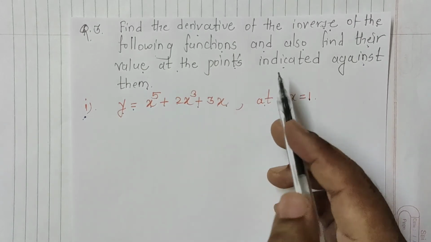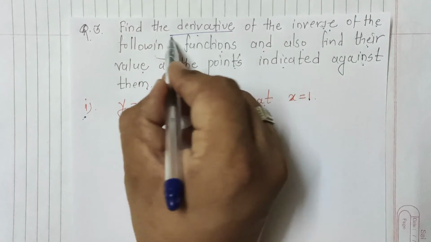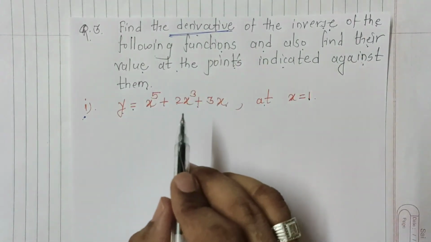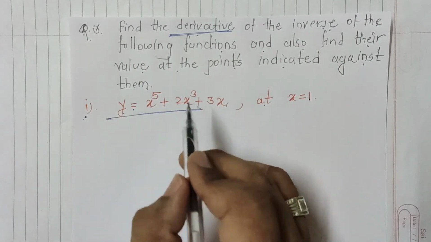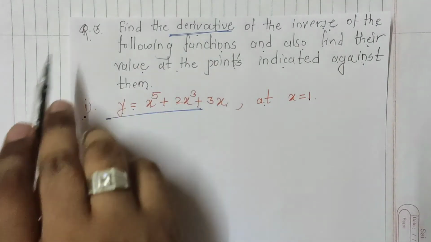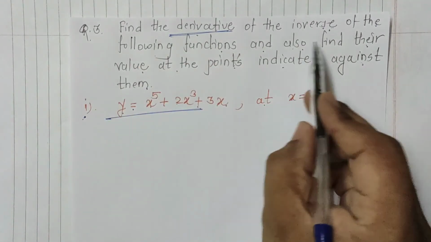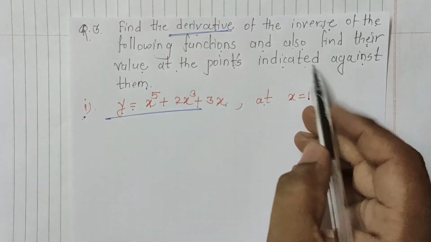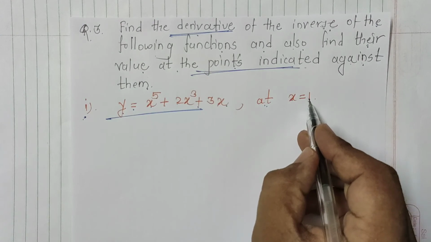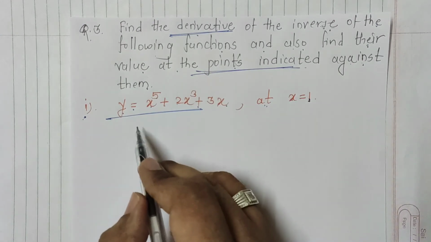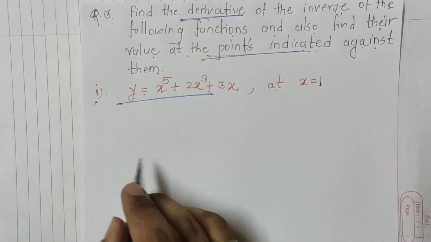First you have to find the derivative of the inverse function using our regular concept from the previous problem, and then find its value at the indicated point, meaning at the x value you have to find its derivative. Okay, let us start example first.